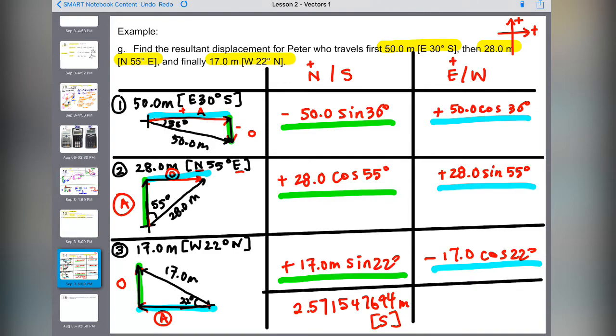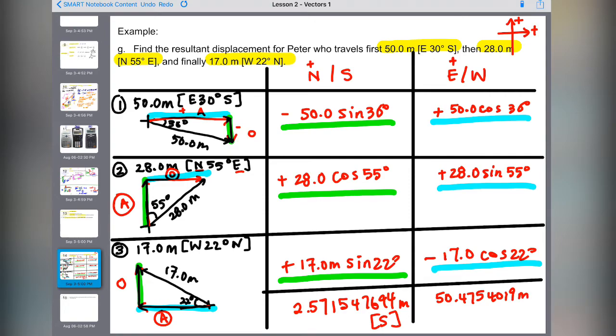I'm just going to double check. So my answer, I punched it wrong. So the answer that I should get is 50.475.